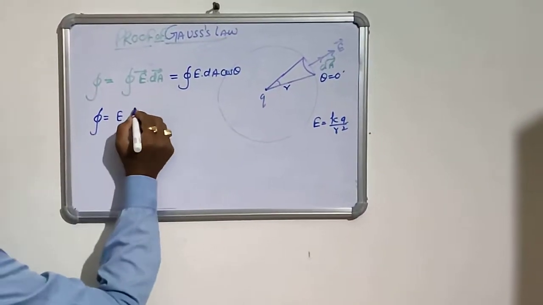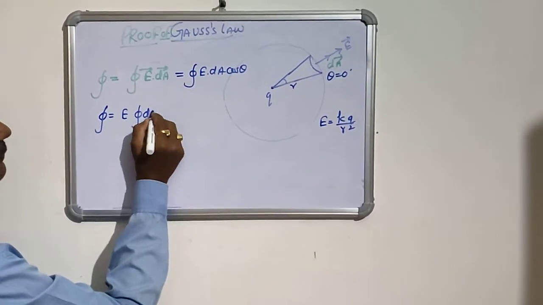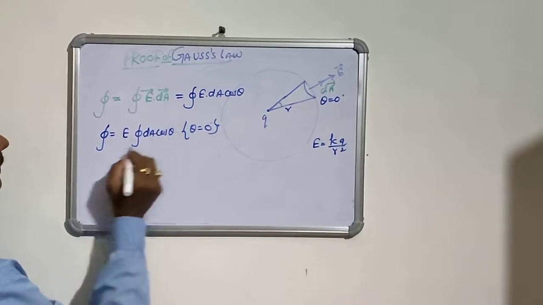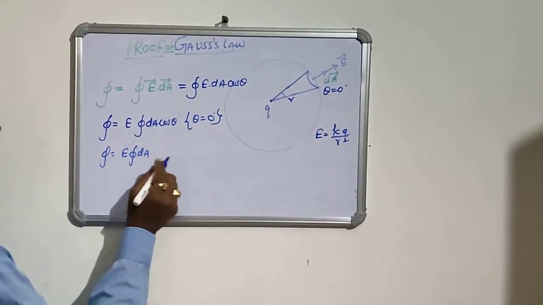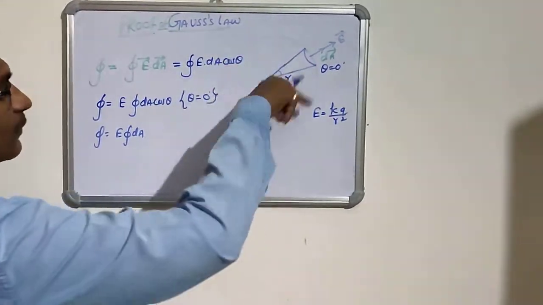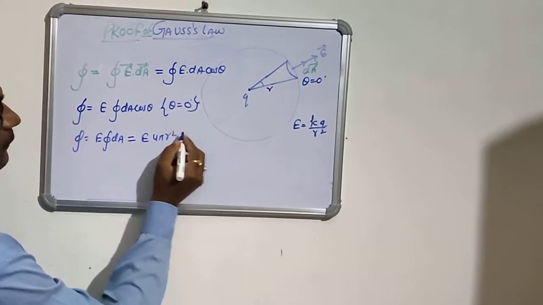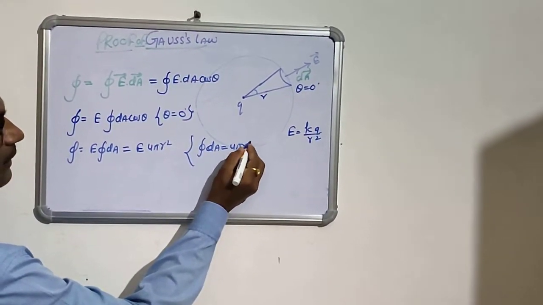So the electric field is constant, and we take it outside the integration. So it is dA cos theta with theta equal to 0 degrees. So phi equals E times the integration of dA, and for this closed surface the integration of dA equals 4 pi r square.